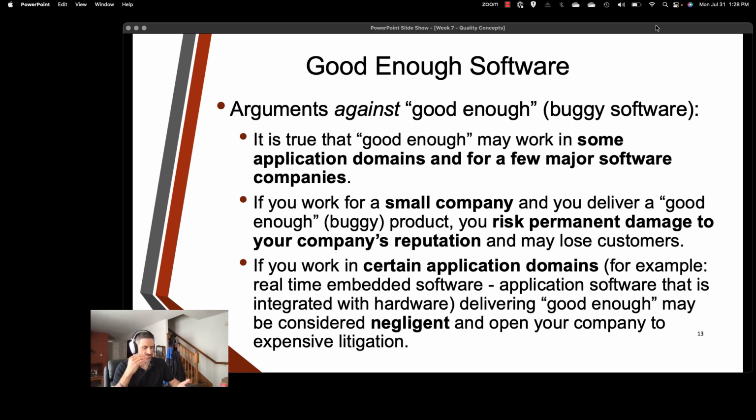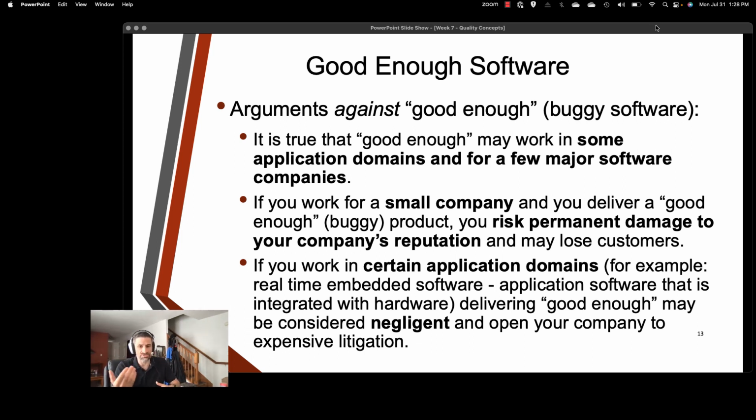Maybe you have a major software company like Amazon, and they can put out a piece of software that's okay, and they're not going to crumble under mediocre reviews. That being said, if you work for a small company and you deliver a good enough product, you may be damaging your company's reputation, and it may be something that makes your company go under.